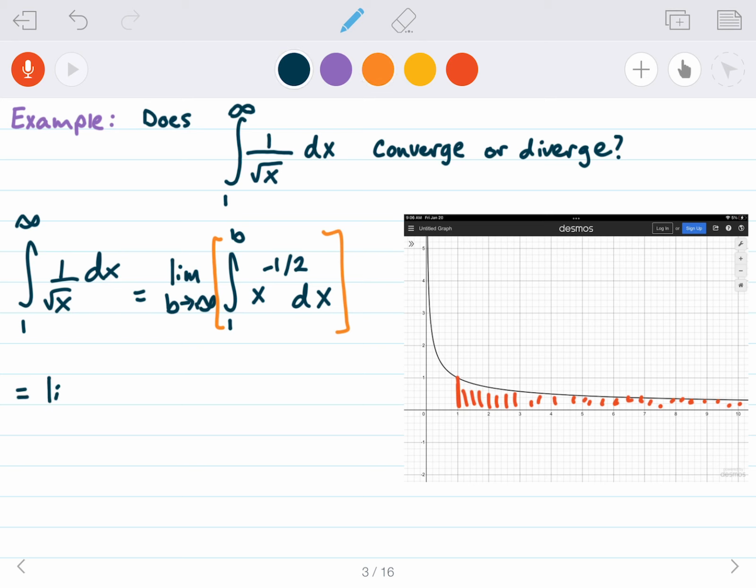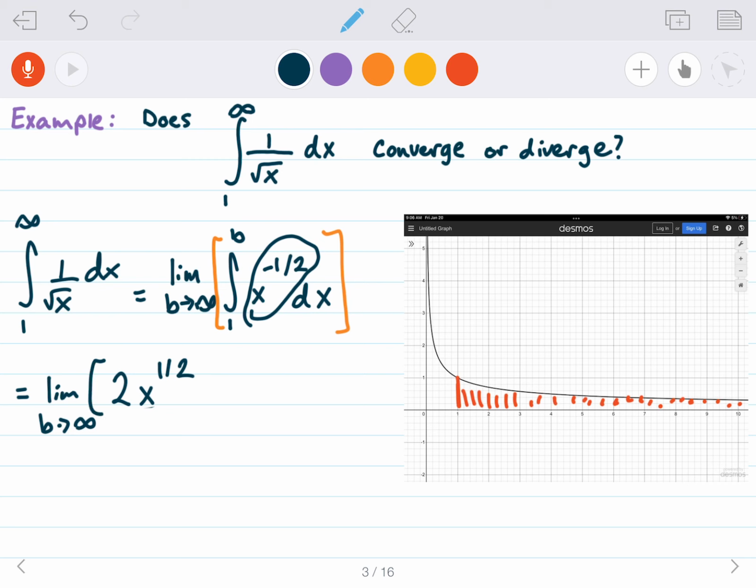So the limit stays on the outside, and on the inside, if I take the antiderivative of this guy, if I add 1 to the exponent, I just get x to the 1/2 over 1/2, but over 1/2 is the same thing as multiplying by 2. So I'm just going to make it look a little prettier and put that 2 in the front like that.